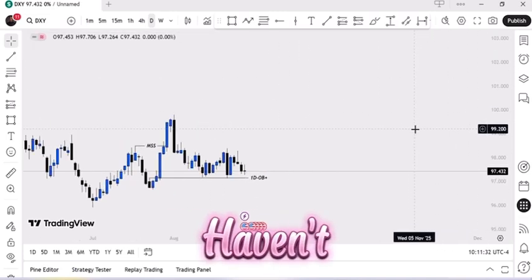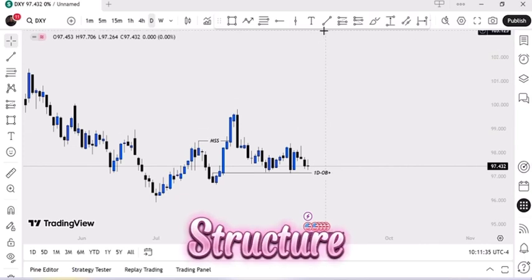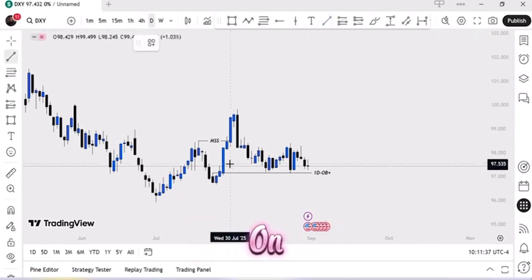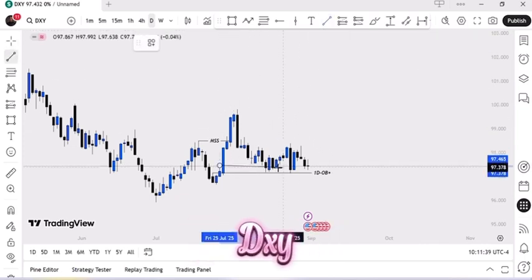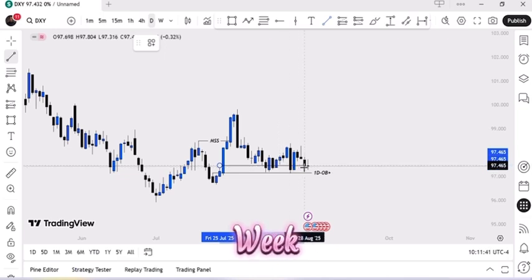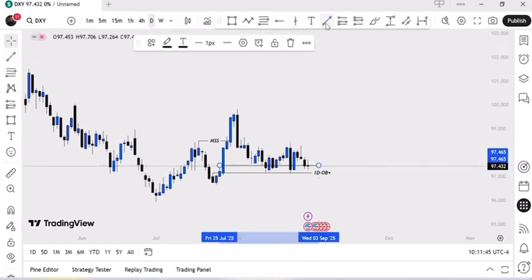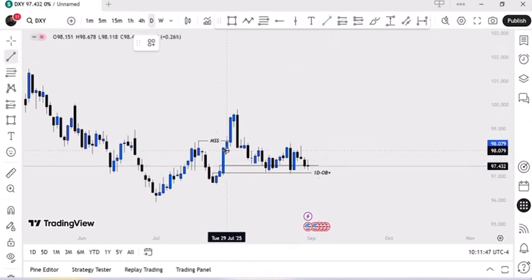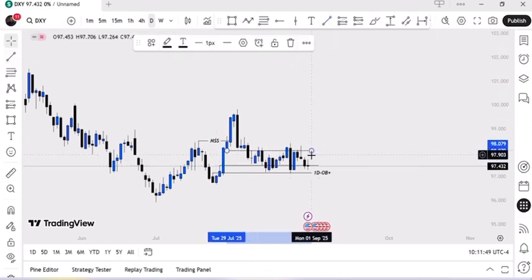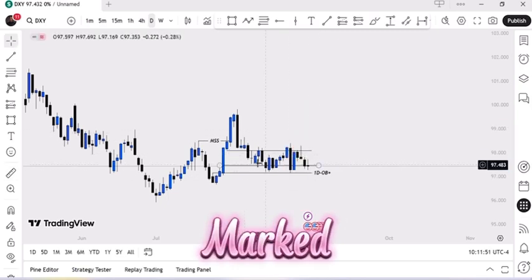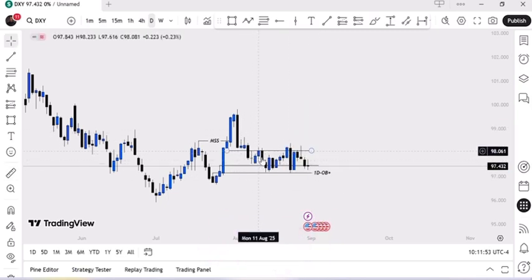Having seen this shift in market structure, this could tell you that I'm bullish on DXY. As at last week, and about some weeks ago, I marked out this very fair value gap.